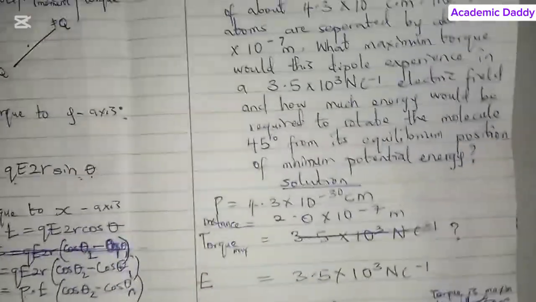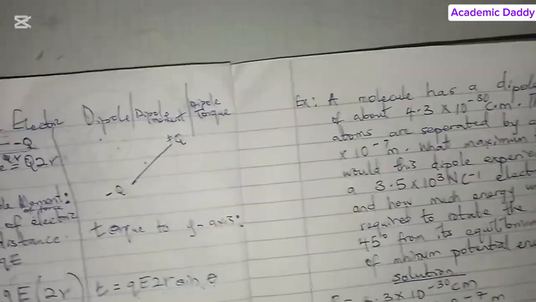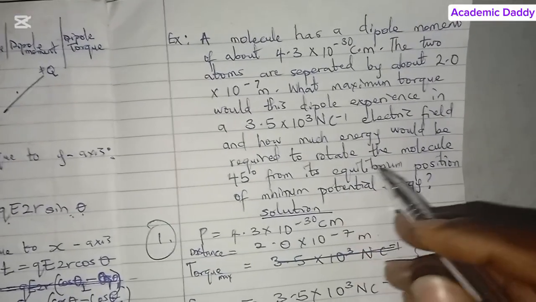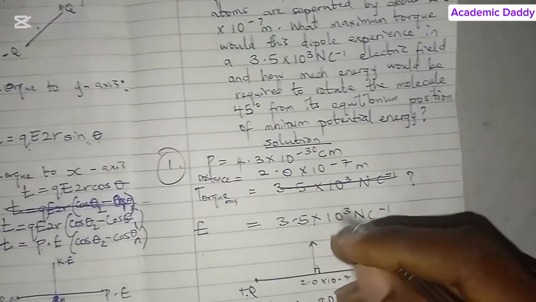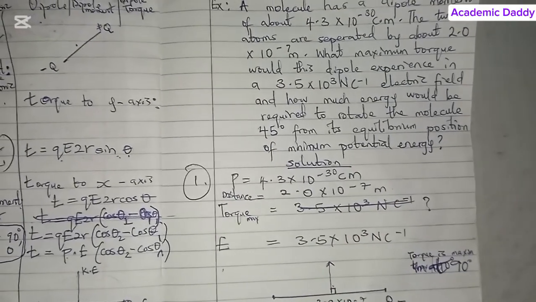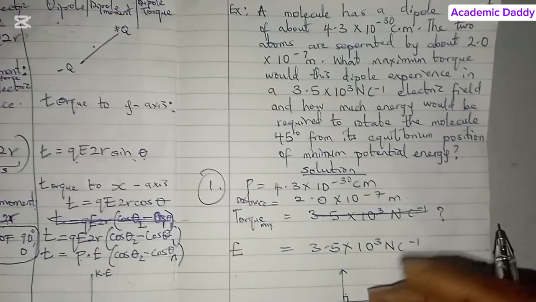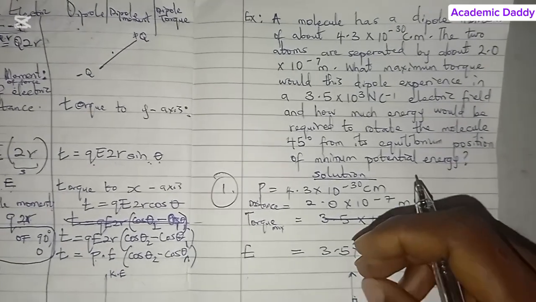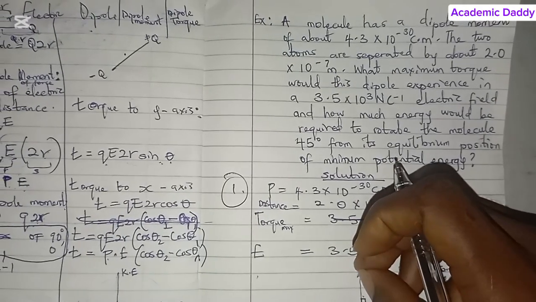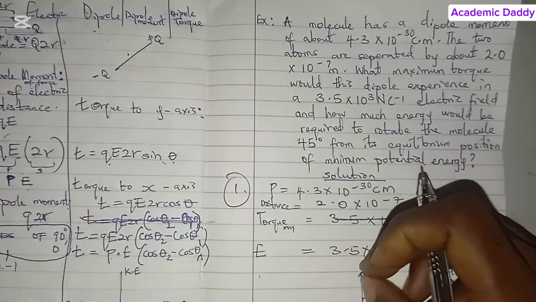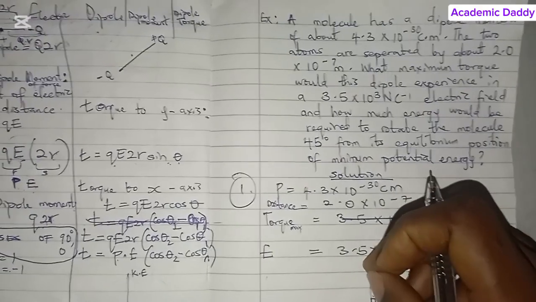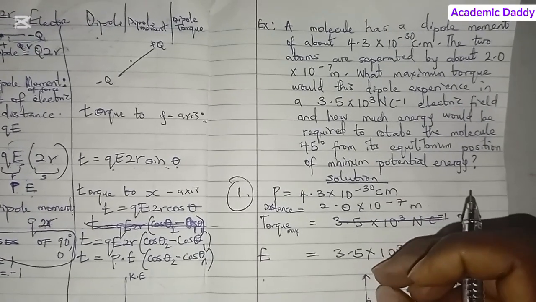So now let's move to the second part of this question. The second part said how much energy would be required to rotate the molecule. So let's say that I have this molecule now. How much energy will be required to rotate the molecule 45 degrees from its equilibrium position of minimum potential energy. So if I have this and I want to move this down to this point, 45 degrees, notice that I'm going towards the x-axis, and remember we say towards the angle use cos, away from the angle use sine.